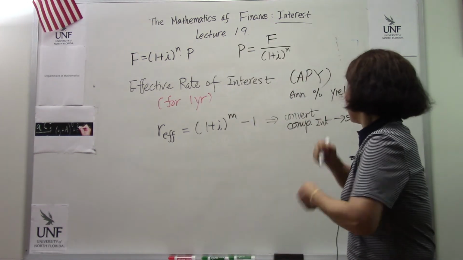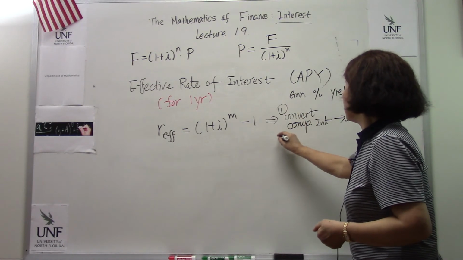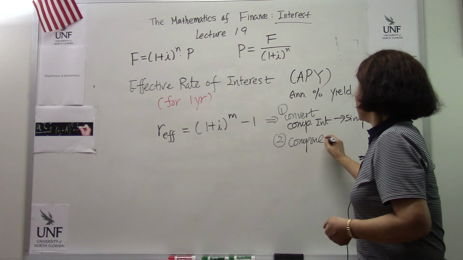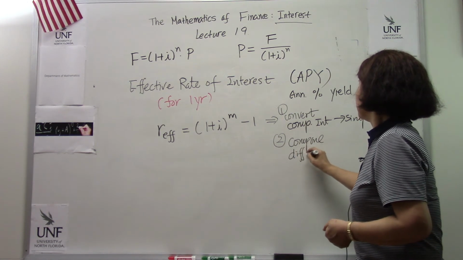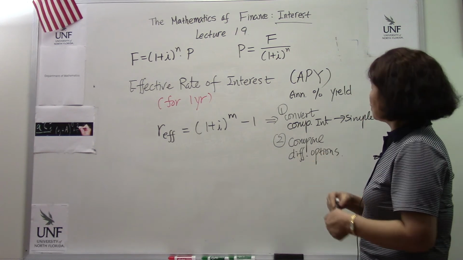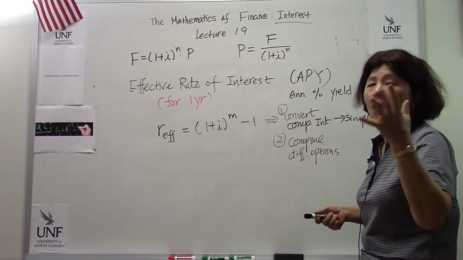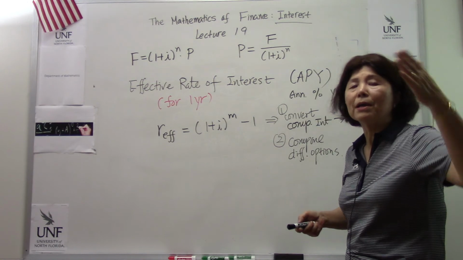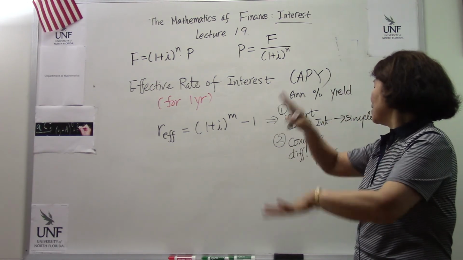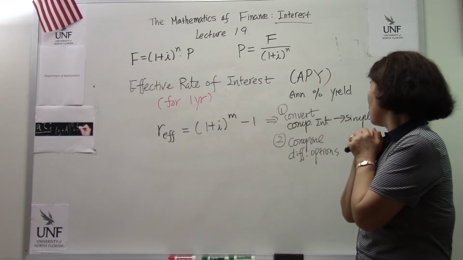Another way of using it, number 2, is to compare different options. It's difficult to compare when one has a little higher interest rate but a less frequent interest period. Those are a kind of mix and match, so how are we going to compare?